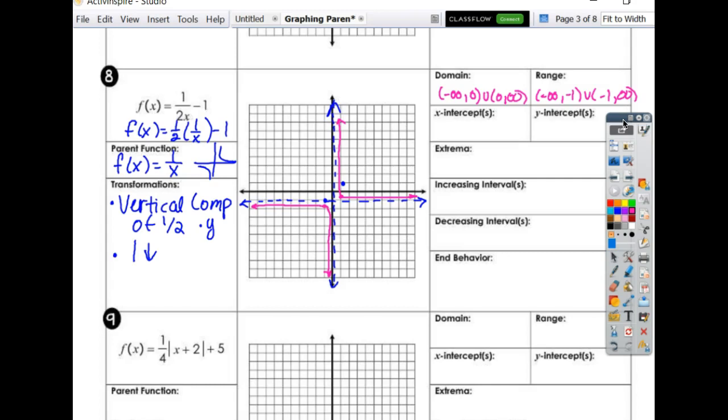Can I have a y-intercept this time? No. I don't have any critical points. Am I increasing or decreasing this time? I'm decreasing.